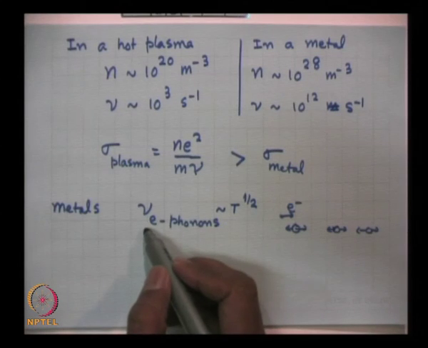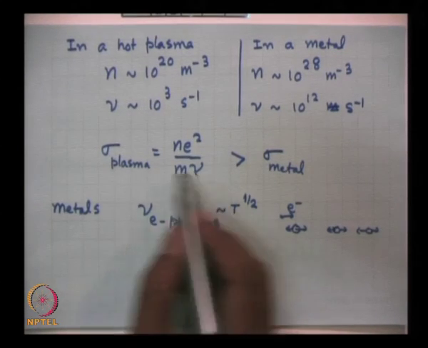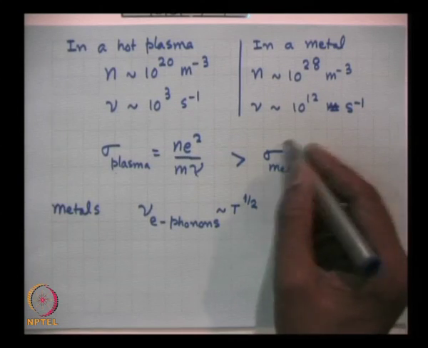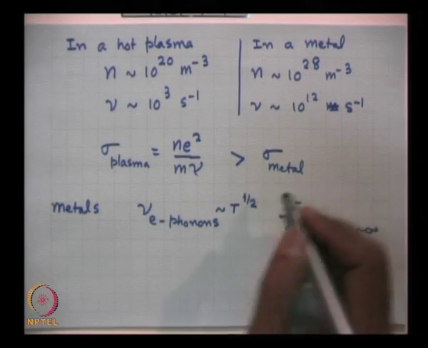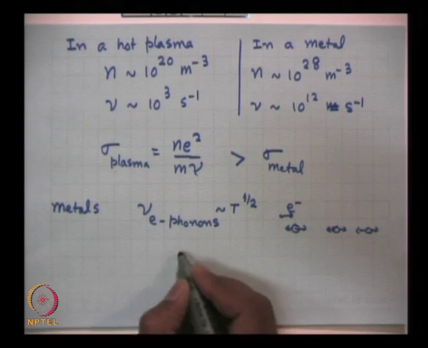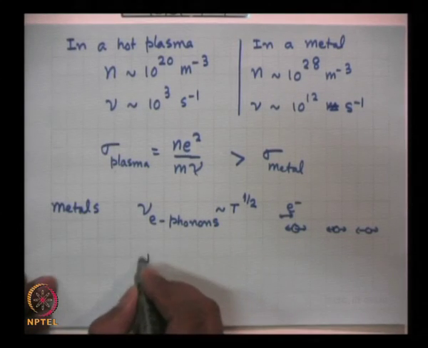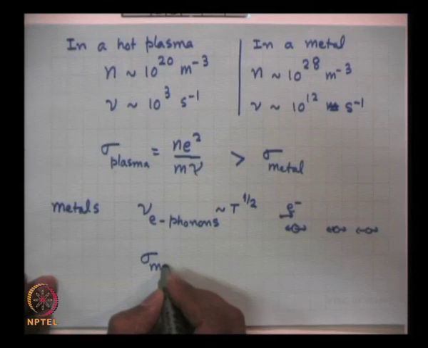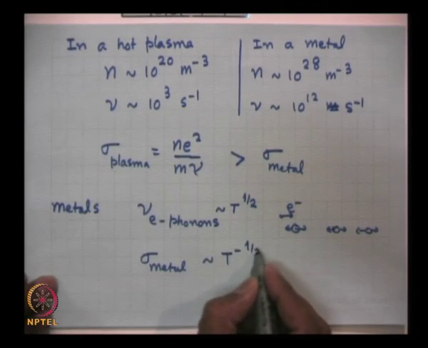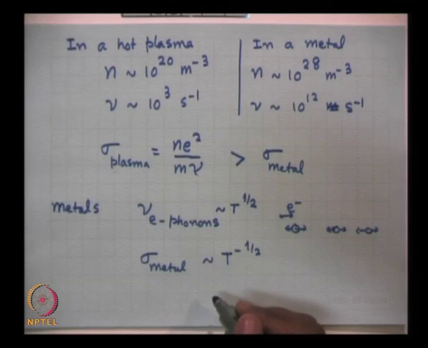So, collision frequency rises. When collision frequency rises, the conductivity of the metal, because the same expression holds for metal, will decrease, or resistivity will increase. So, metal conductivity goes as temperature to the minus half, hence resistivity increases.